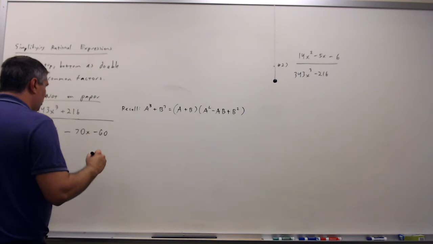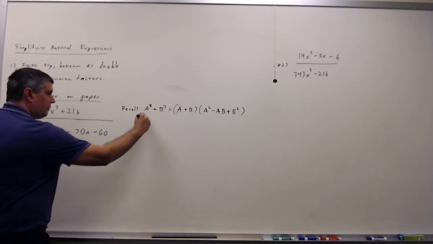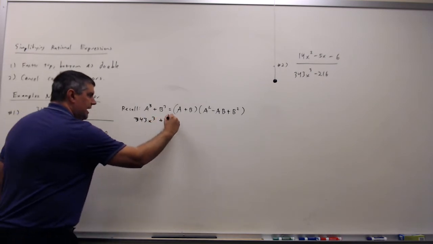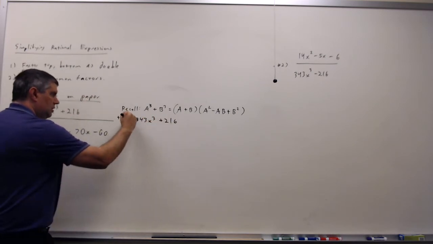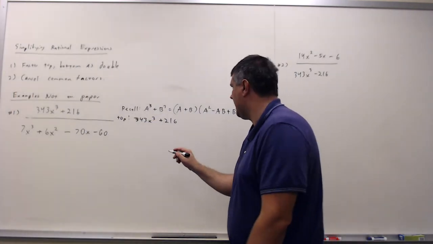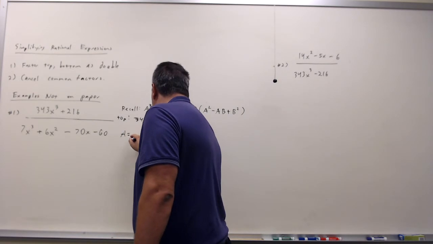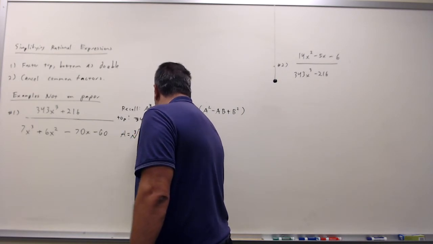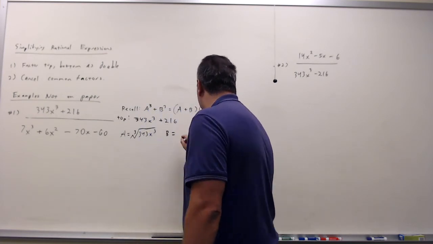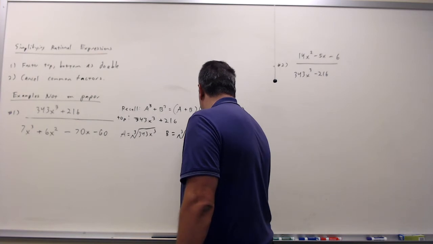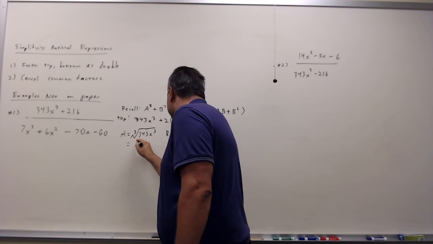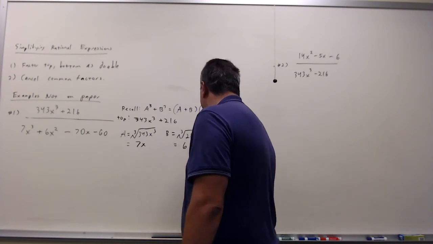So when we do this one, that's 343x cubed plus 216. So we're going to factor the numerator, the top. A will be the cube root of 343x cubed, and b is the cube root of 216. So that's simply 7x, and that is 6.